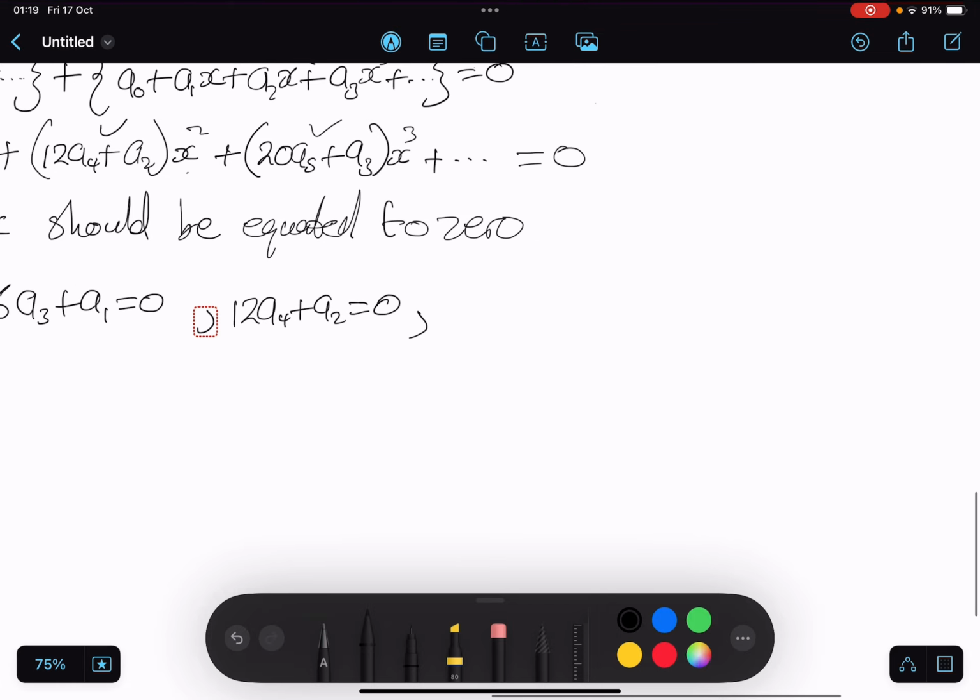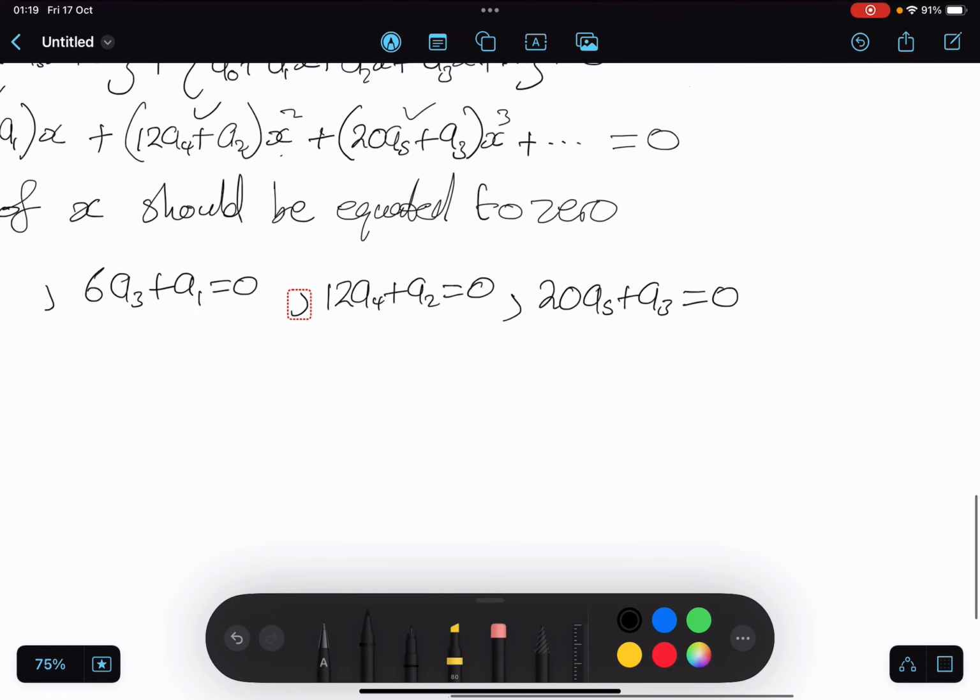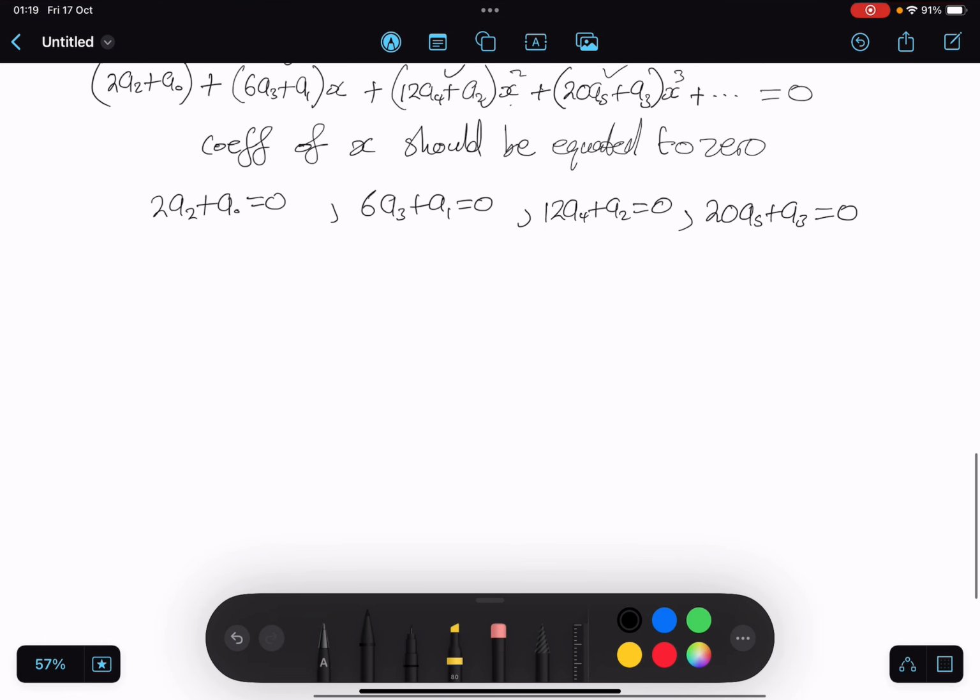And then 20a5 plus a3 is equal to 0. From here, I'm going to make a2 the subject of the formula, so a2 is equal to minus a0 over 2. Here, I'm going to make a3 the subject, so a3 is equal to minus a1 over 6.